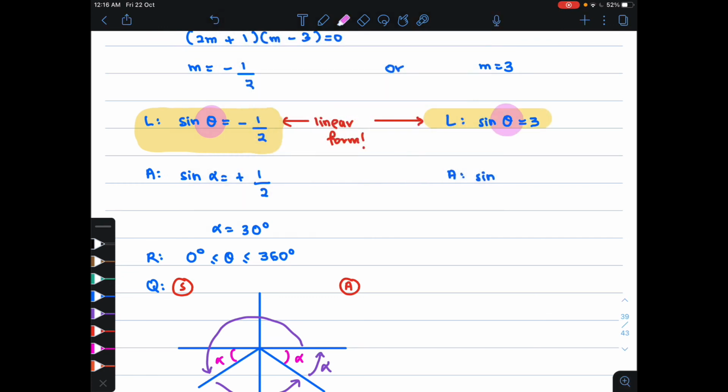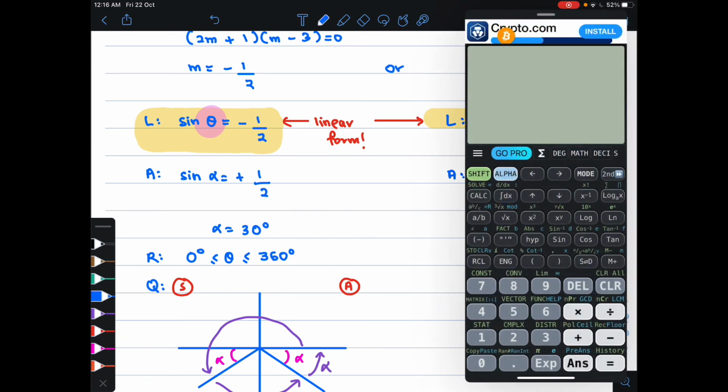Change theta to become alpha, and hence alpha is sine inverse 3, shift sine 3, and the answer is a complex number. So for those who are using a grey calculator, you can see that you'll get a complex number since we have i. But for those who are using the black calculator, you'll see the words math error.